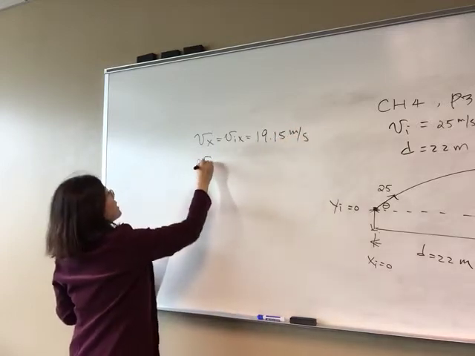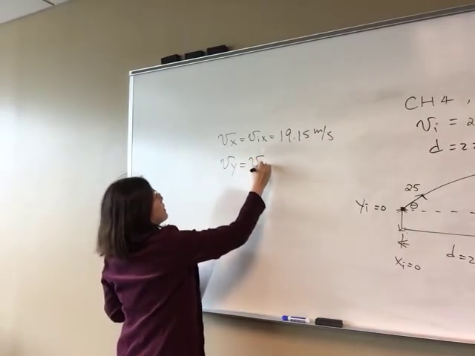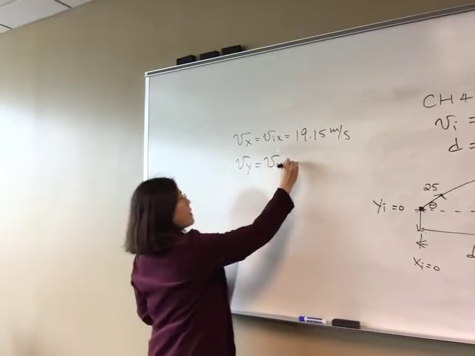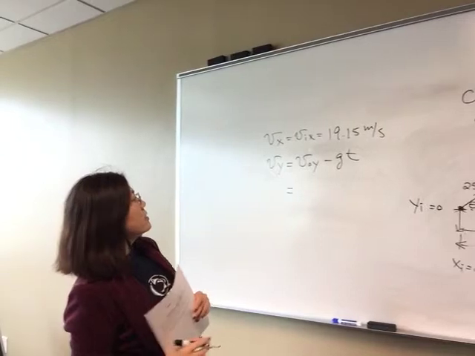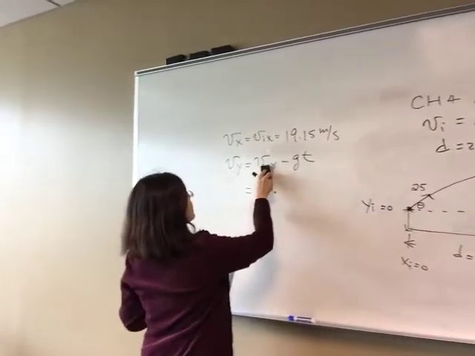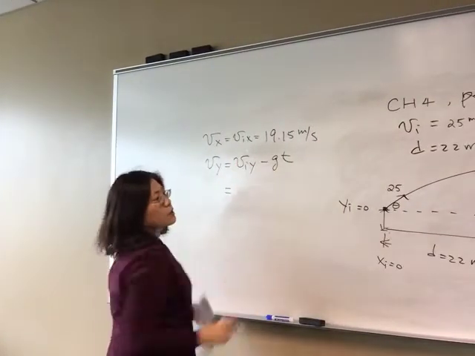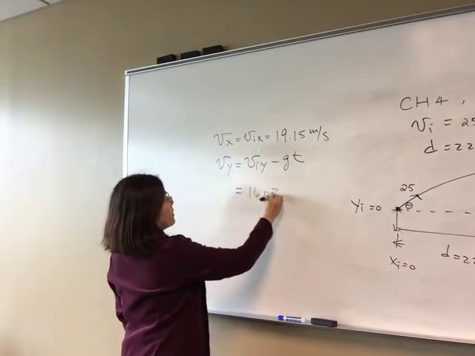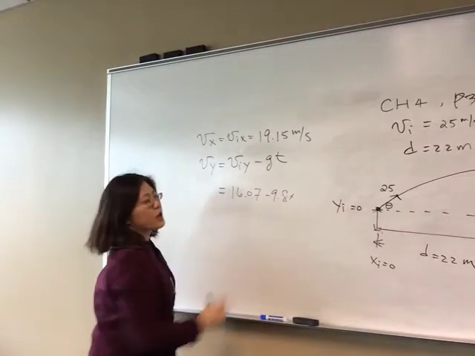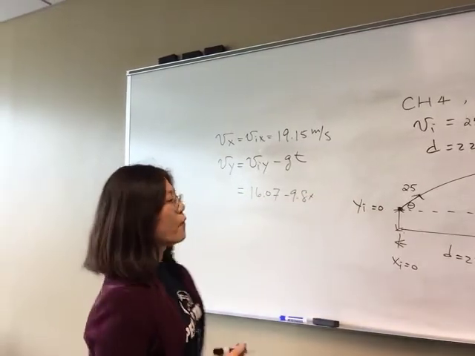Now Vy is equal to initial velocity minus gt. So, let me just be consistent, Viy, you have 16.87 minus 9.8 times the time. Time is 1.148.